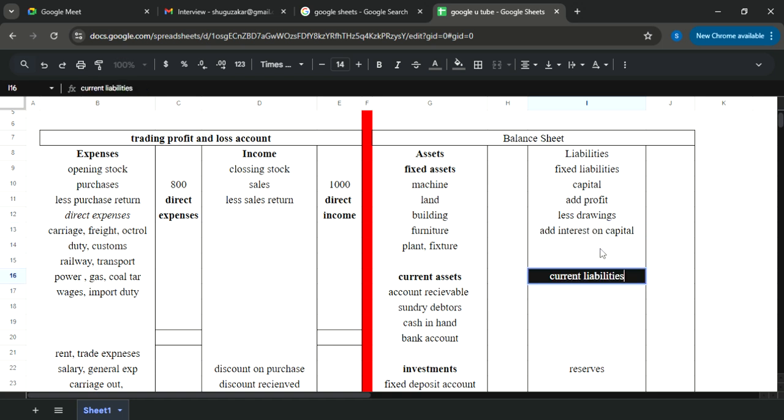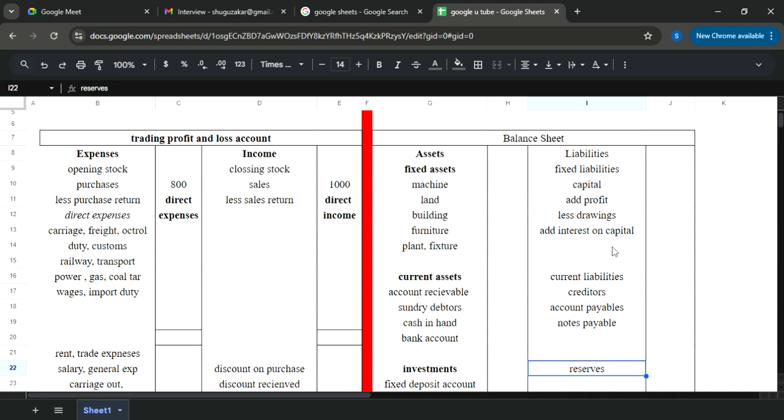So now we will see our current liabilities. In current liabilities, you may write your creditors, accounts payable, or notes payable.